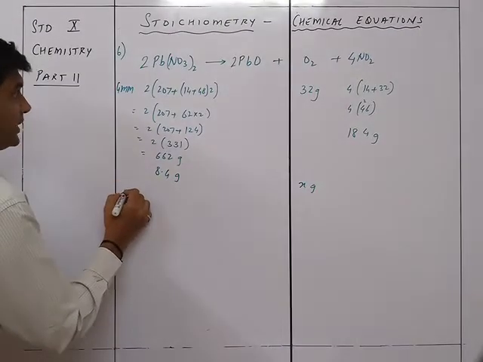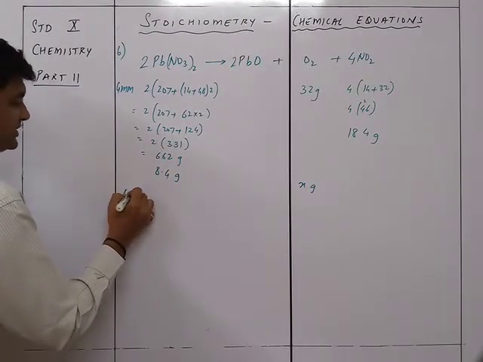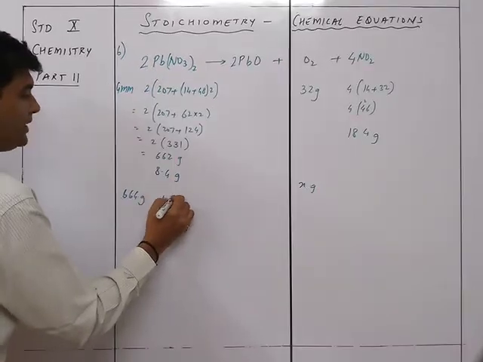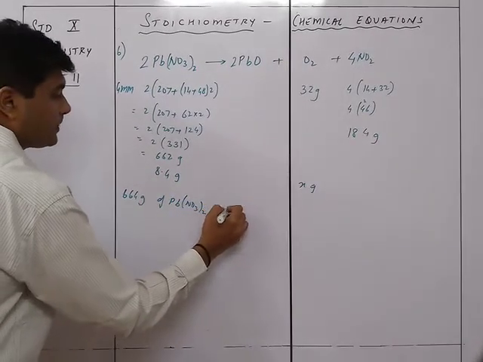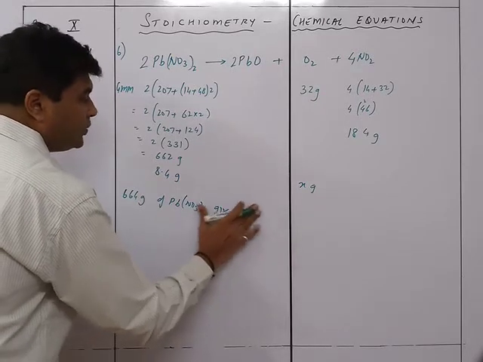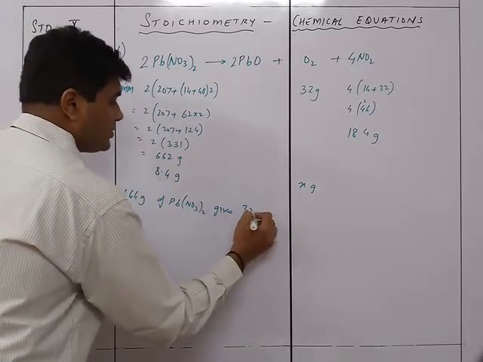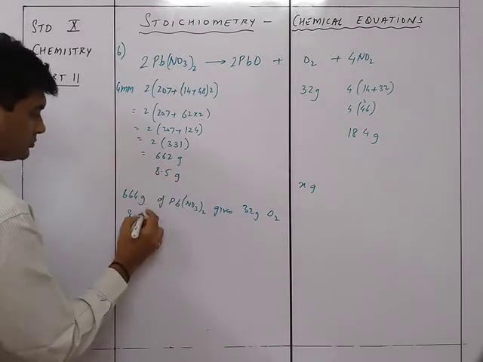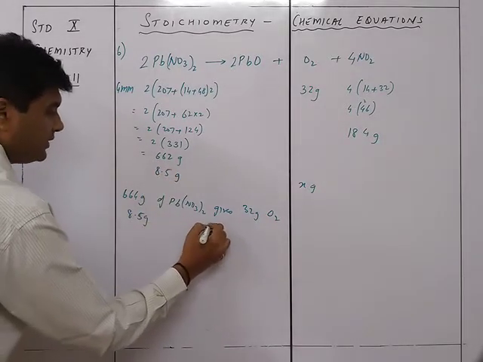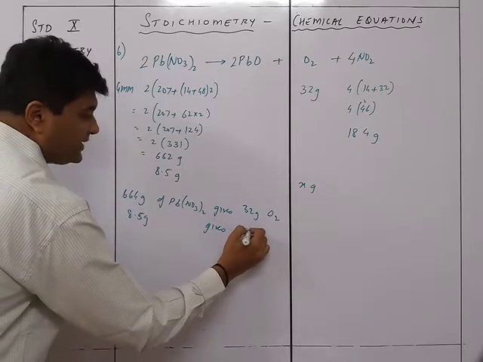So we now know that 662 grams of Pb(NO3)2 gives 32 grams of O2. So 8.5 grams gives X grams.